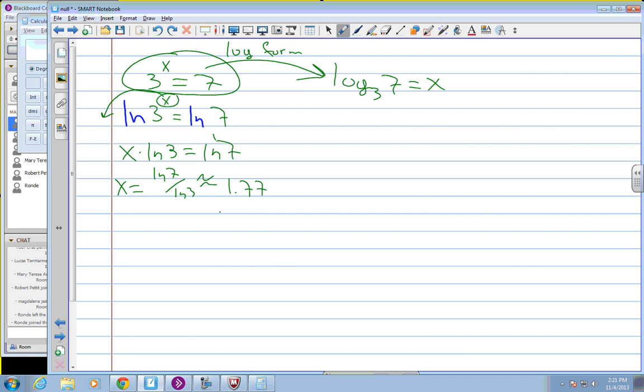If I rewrite 3 to the power x equals 7 in a logarithmic form, it'll be log base 3 of 7. Well, and then change of base formula tells me that log base 3 of 7 is ln of 7 over ln of 3. So this is how you prove change of base formula. It's just solving an equation like that.